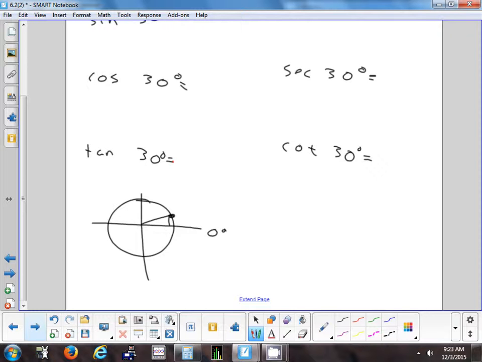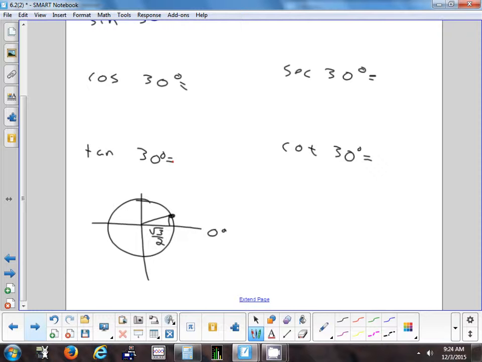Where's my long side in this triangle? Is it the base or is it the height? It's the base. And what's the bigger number? Since that's the bigger side between root 3 over 2 and 1/2, root 3 over 2 is the bigger number. My height, that's the shorter side.